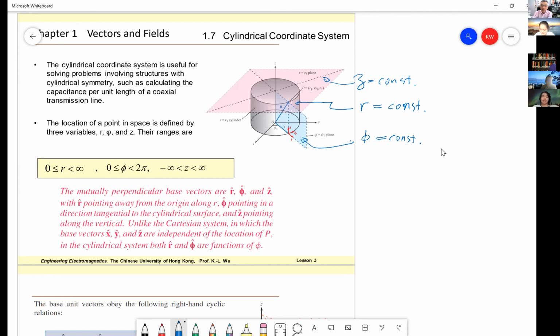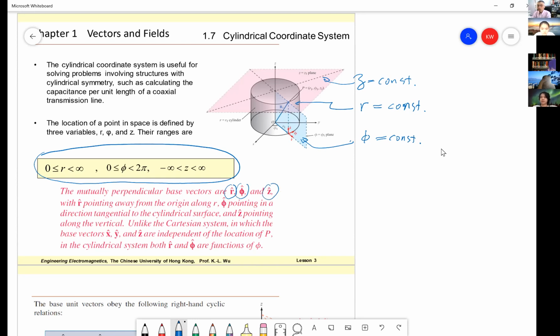Okay, so when we define these three variables, we always have a range for the variables. Those ranges extend over an infinitely large space, right? Here we introduce three unit vectors, r, phi, and z.